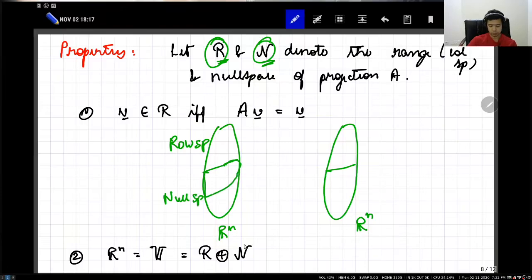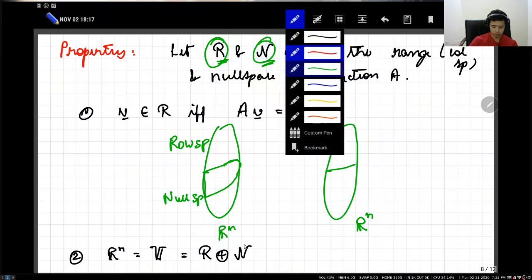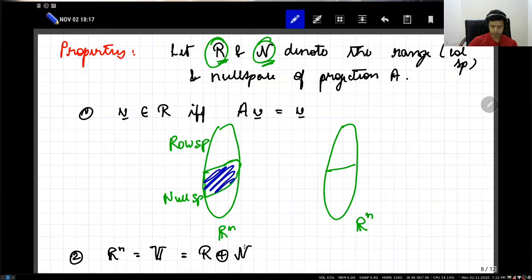The null space is the orthogonal complement of the row space. Any vector in Rn can be written as a sum of a vector from the row space and a vector from the null space.